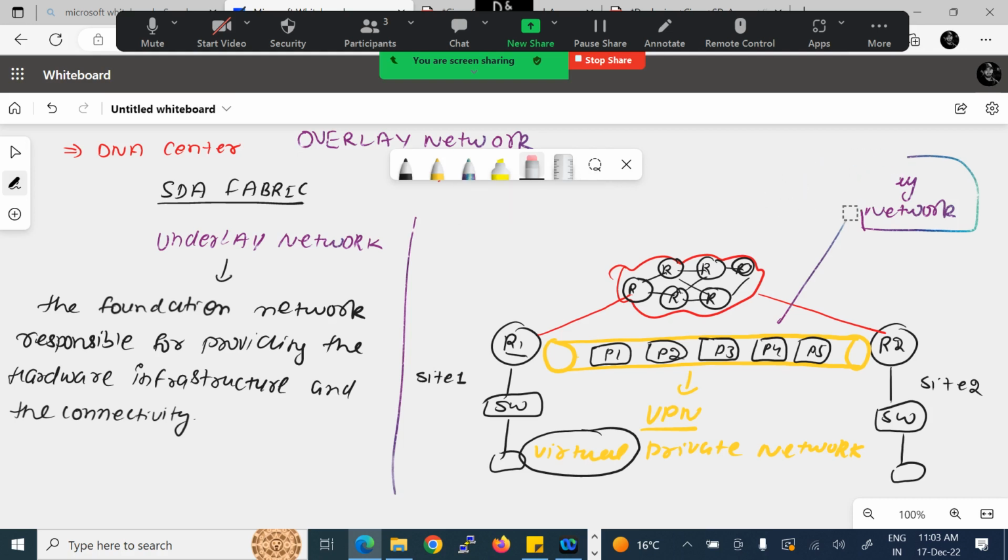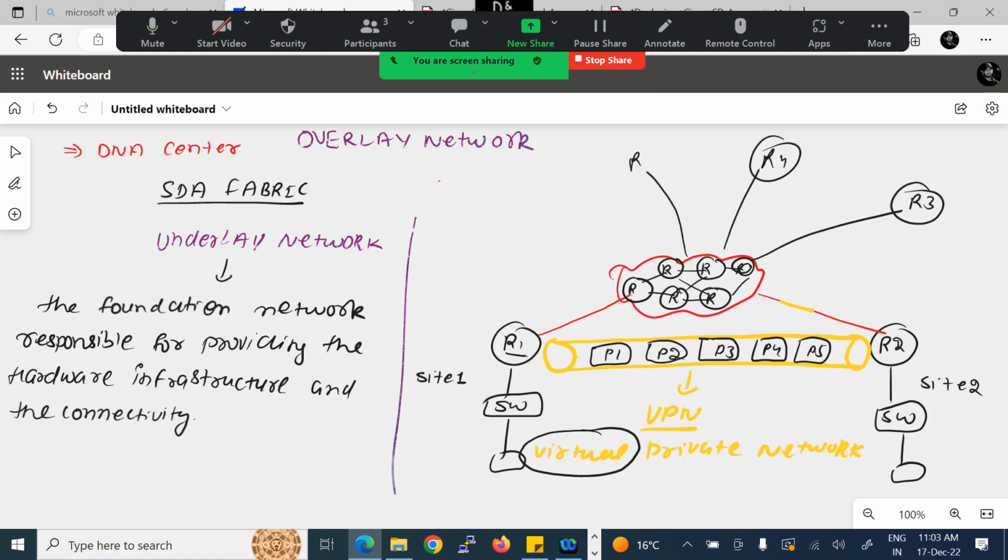So if I say this is my network and this is R3, this is R4, this is R5, this is R6, this is R7.